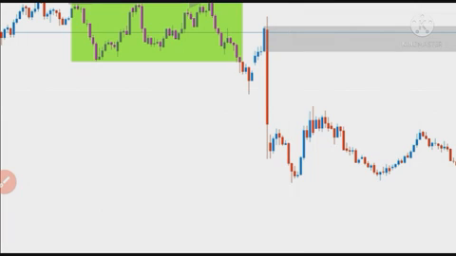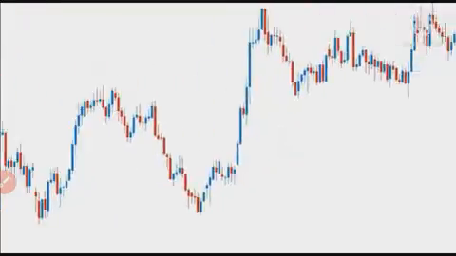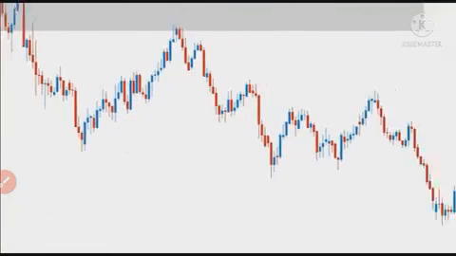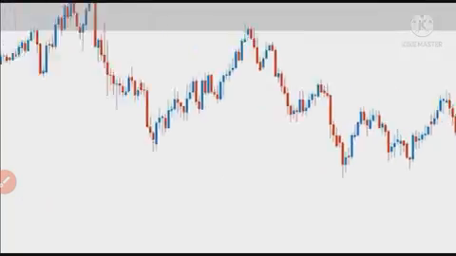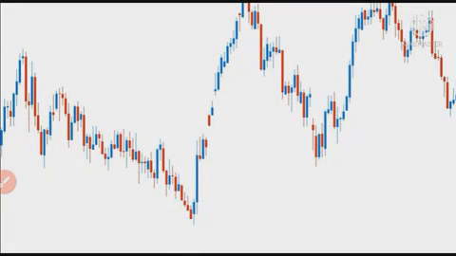So that is why you mark out your OB there and wait. And then price came back to this OB and look at how aggressively it dropped. Look at how aggressively it dropped.